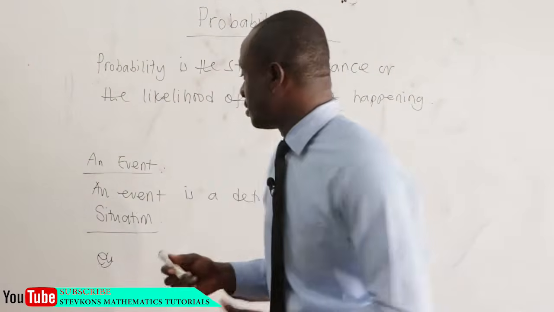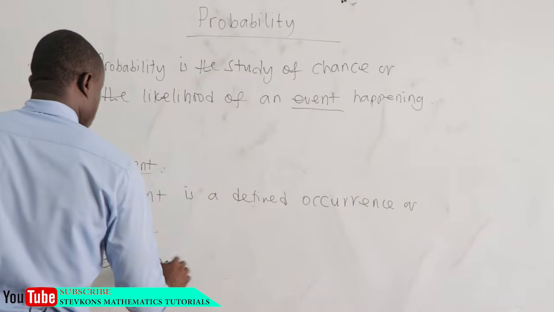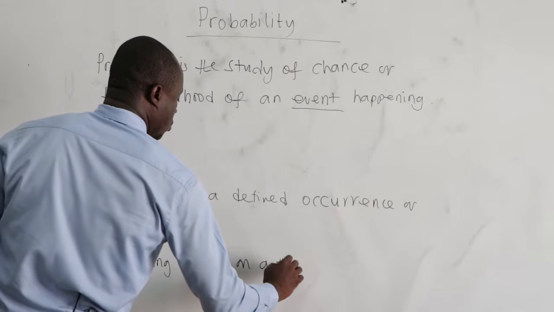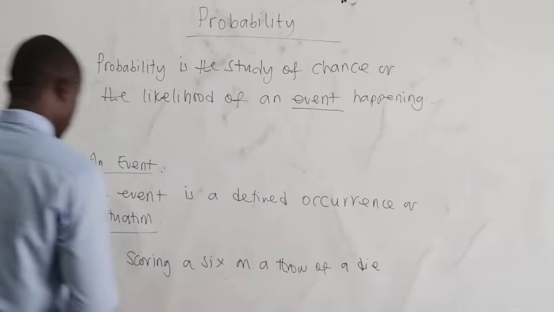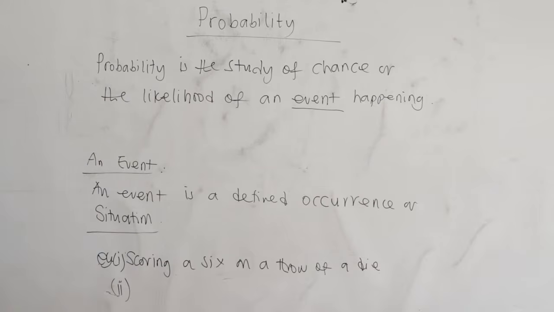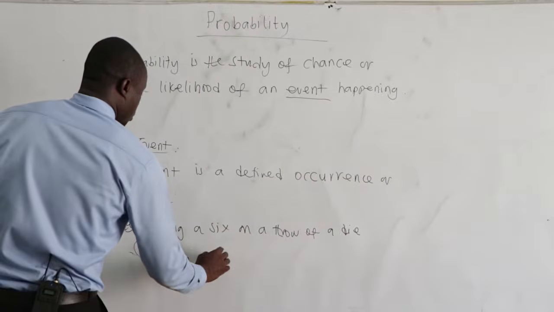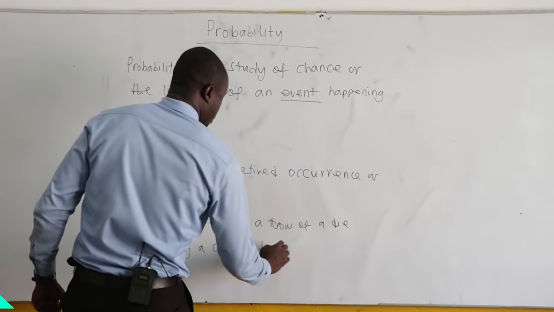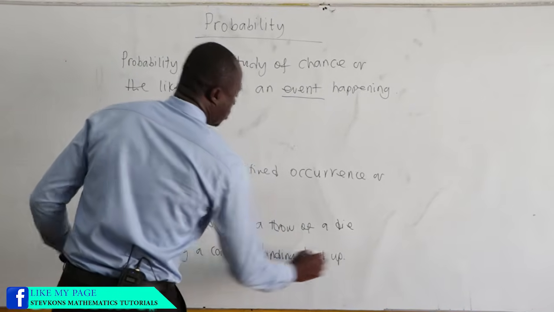So that's the first one, that is scoring a 6 on a throw of a die. This is an example of an event. And then also tossing a coin and landing head up.